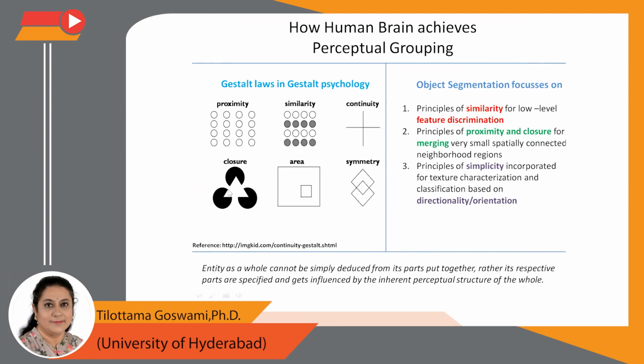As a whole, we perceive a triangle, which cannot be deduced when we put the parts separately. So the perceptual grouping concept comes when we are seeing the structure and getting influenced by it as a whole rather than as parts.